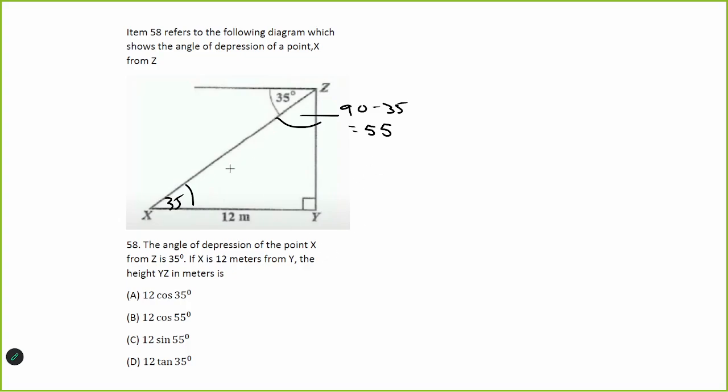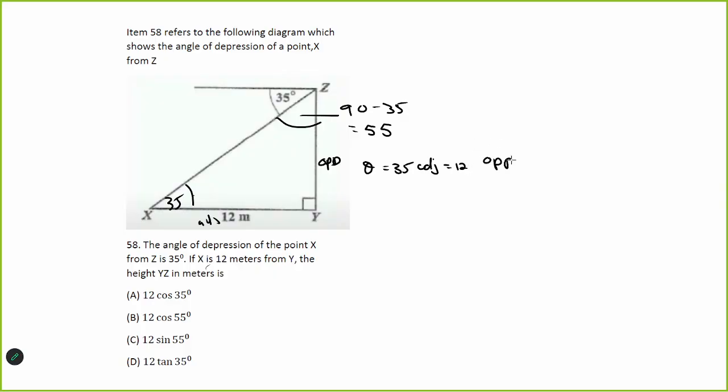So first off, if this is 12 and they want ZY, or YZ, however you want to call it, right? If we're using angle 35, this is the opposite. If we're using angle 35, this is your adjacent. So theta equals 35. Your adjacent equals 12.